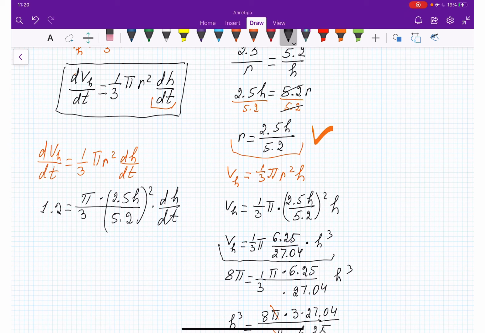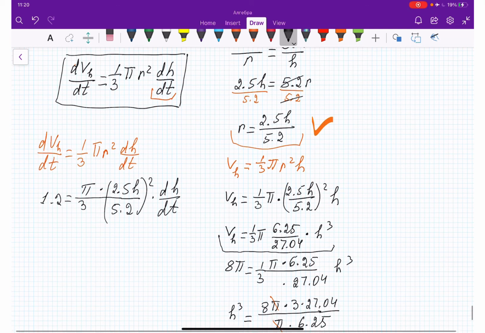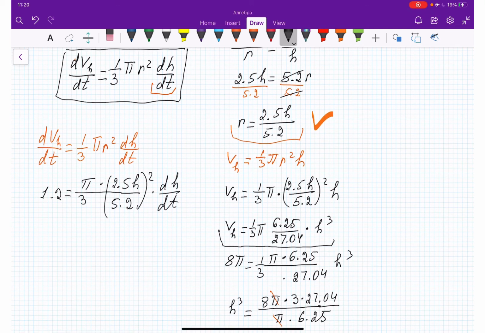Okay, so since I have here h squared, I'm going to squeeze it in under this derivative, because it's also h. 1.2 times this I'm going to do over 3. 2.5 squared is going to be 6.25, right?